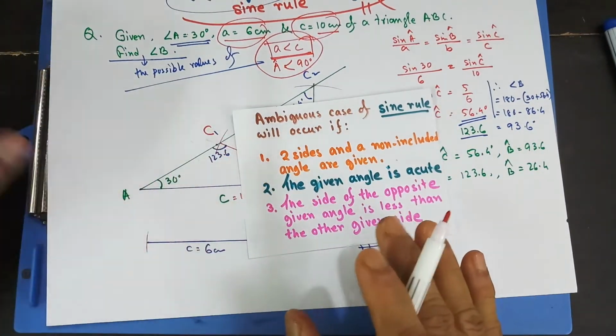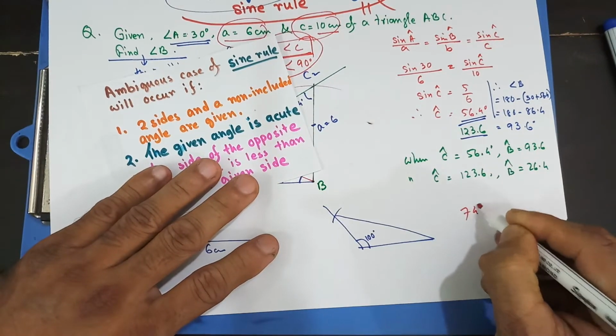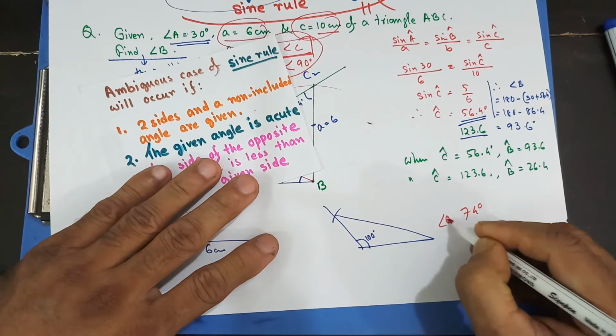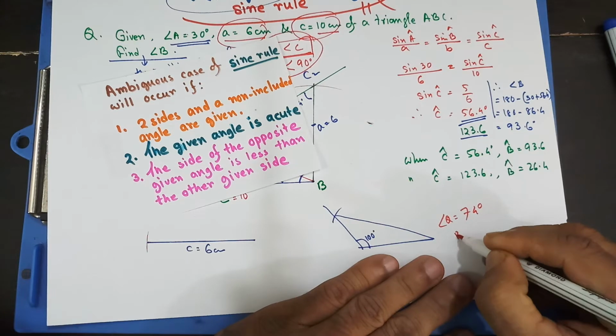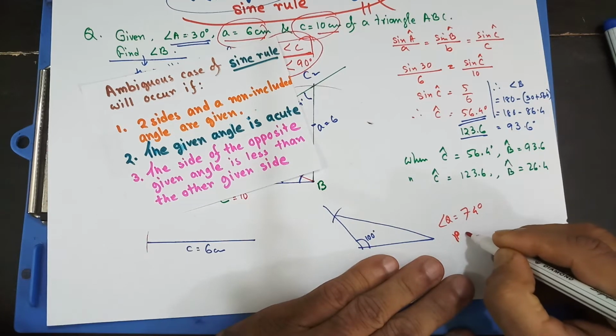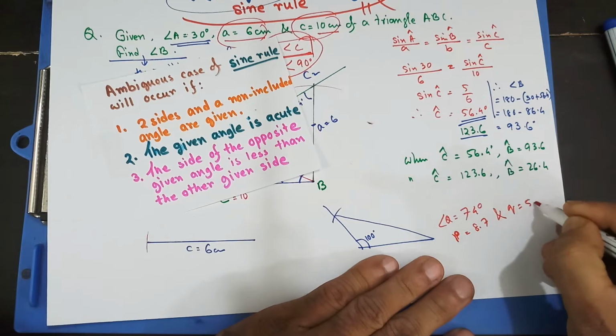Why did I say might? Let's say we have angle Q equal to 74 degrees, and side p equal to 8.7, and let's say q equal to 5.2.